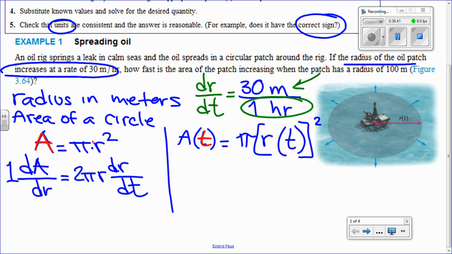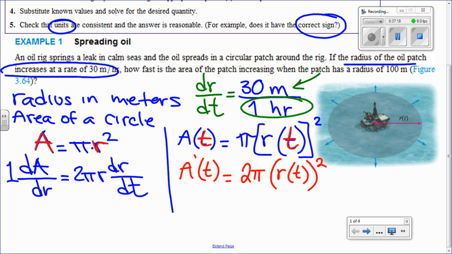And then the radius is not constant, correct? Because the oil is spreading. Remember what we talked about? It spreads. It kills a lot of animals and plants and everything. So the radius is also depending on time. Can you guys see that? Okay. So then when we differentiate, I'm going to use this notation instead: A prime of t. And then for this one, we're going to say 2 pi, and then r of t squared, and then we will take the chain rule.